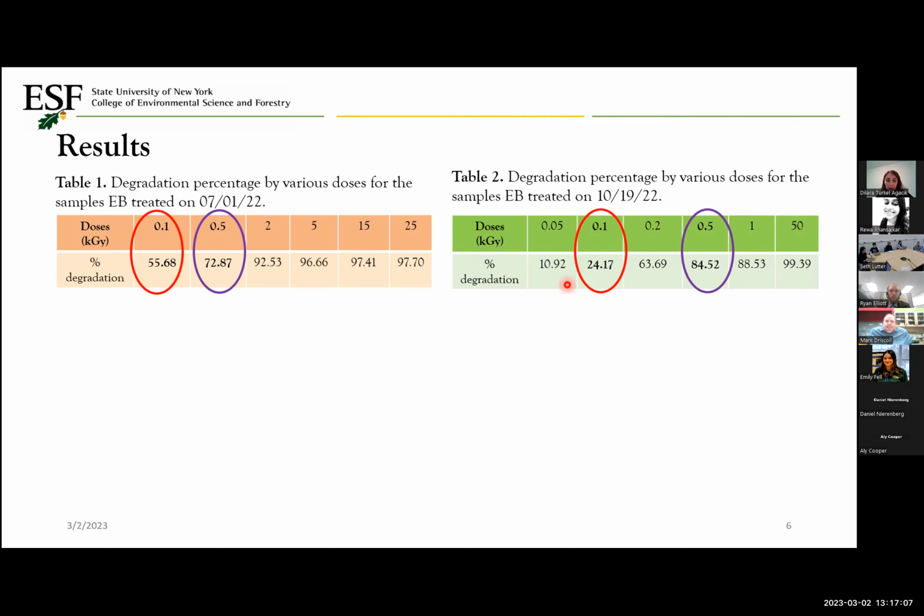Looking at the second table, at the 0.5 kilogray dose, we get 25% degradation of the organic pollutants, whereas we got 84% for 0.5 kilogray in the first batch, which was different.